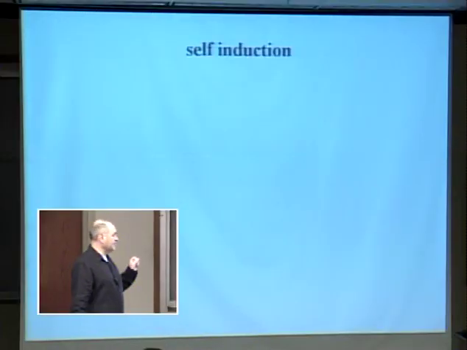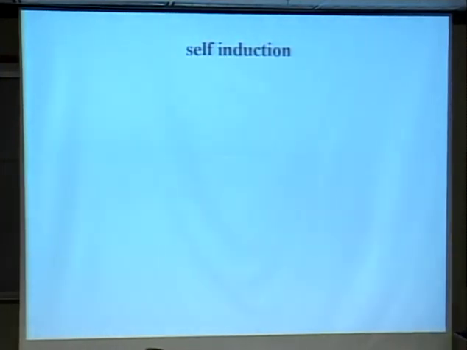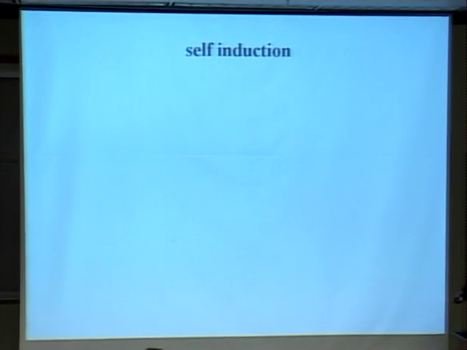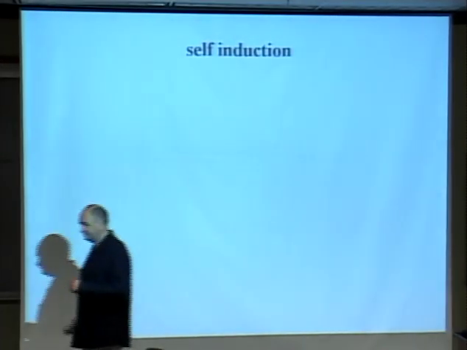All right, let's now take a look at how an inductor works. An inductor works because of induction, which is a process, and most specifically, because of a process called self-induction.